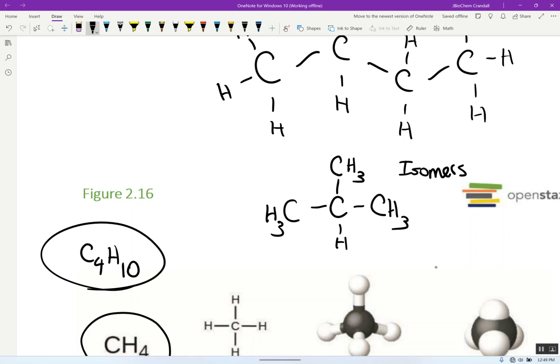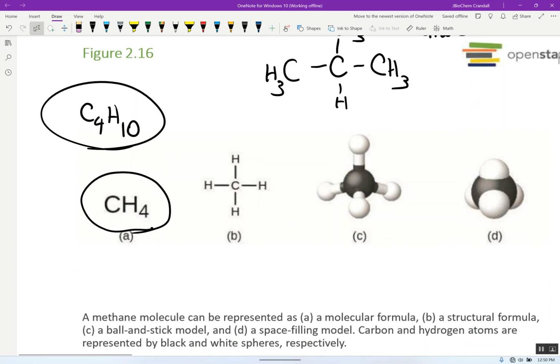Iso, once again, meaning the same but different. Just like isotopes are the same element, but they're different masses. Isomers are the same compound formula but different structures. Okay, they're different. So that's what we would call an isomer. So you have this molecular formula here for methane.